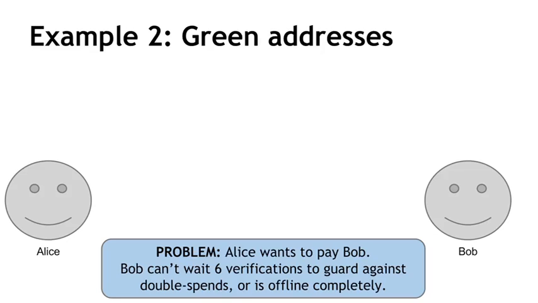Another cool application is what are called green addresses. So the problem here is that Alice wants to pay Bob, and Bob's offline. So Bob can't go and look at the blockchain to see if a transaction that Alice is sending is actually there. Maybe Bob simply doesn't have the time to go and look at the blockchain and wait for the transaction to be confirmed.